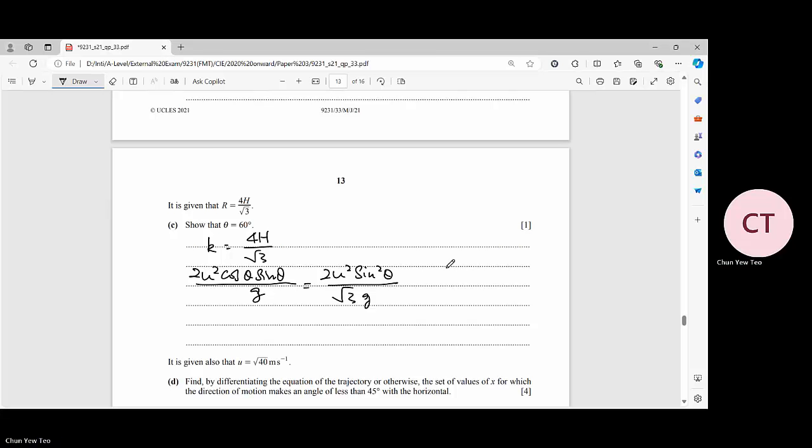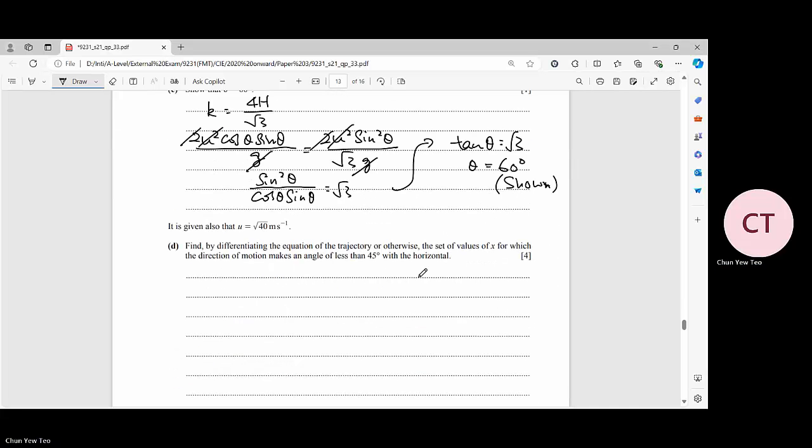That is your H. Okay, so now we cancel the u square, cancel the g, cancel the 2, and we have sine square theta over cos theta sine theta is equal to root 3. That will give you tangent theta equal to root 3. Therefore, theta is 60 degrees, shown. Just like that for the C.